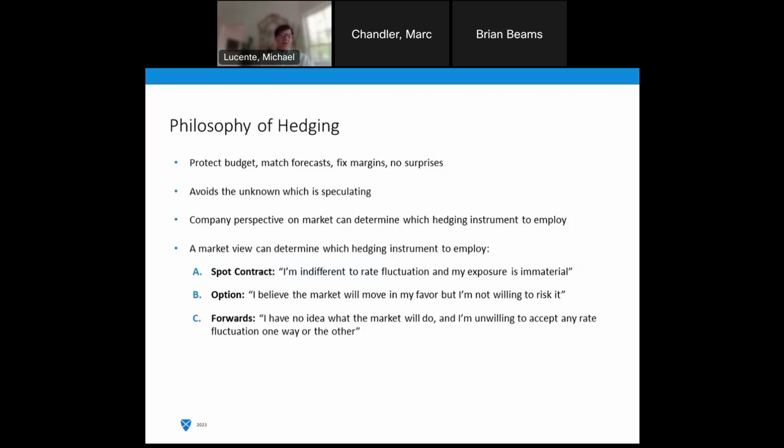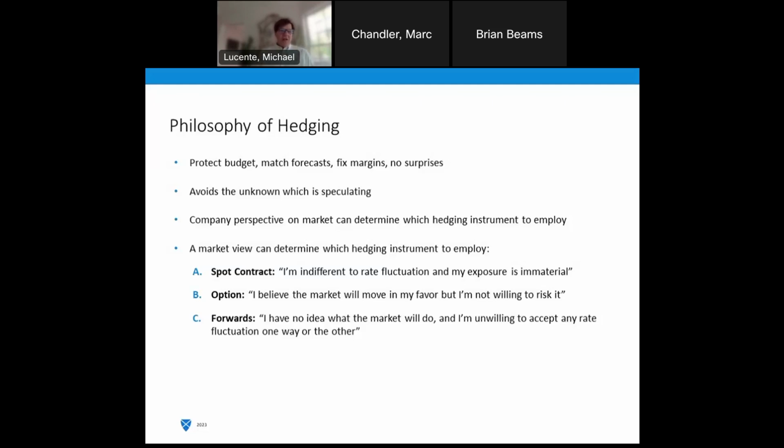That means you can do options, and you can set a level below which you are protected, above which you're not at risk. You can buy any option you'd like in the foreign exchange market, but options cost money. You have to pay for an option, just like you pay for a call or a put option in the equity markets. Forwards have no upfront cost.